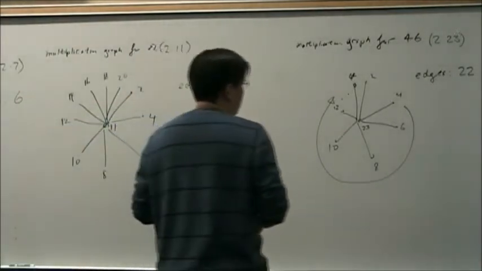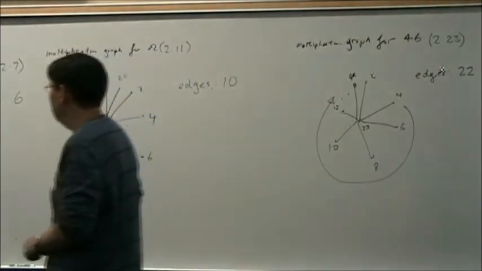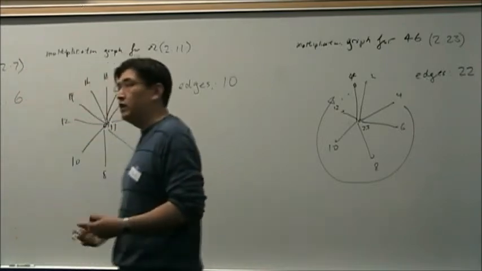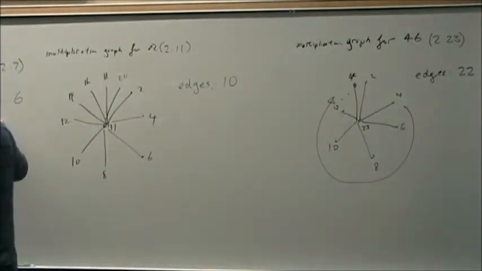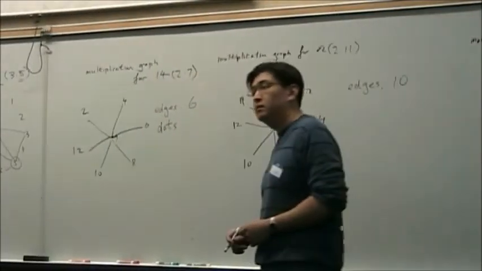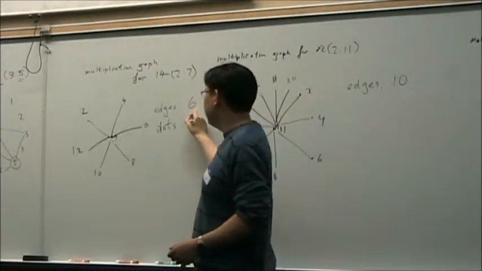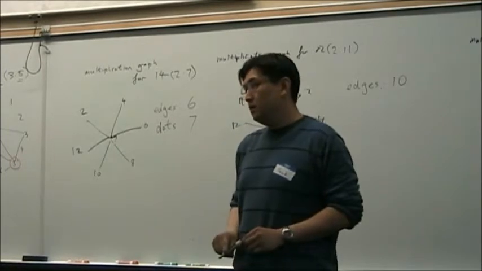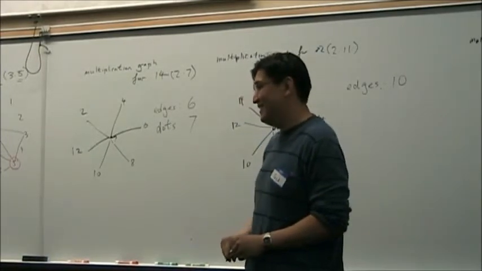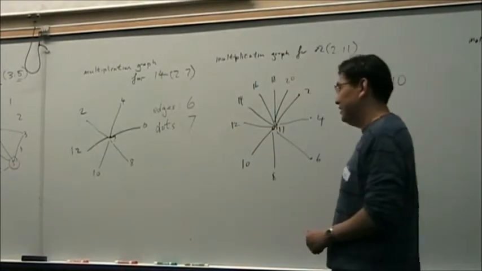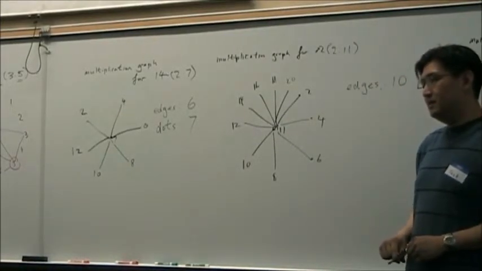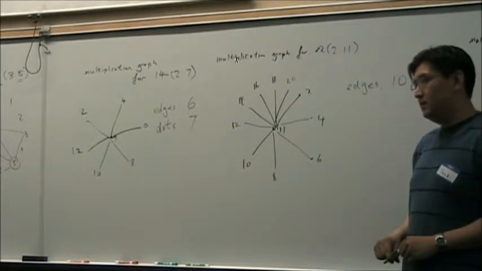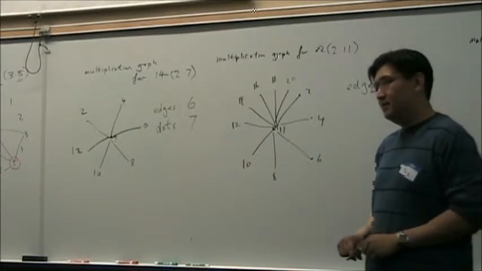So in my original case, while we're doing this, why don't we also look at the number of nodes, or number of dots? How many dots do we expect here? 7. Why do we expect 7? Because you have to add 1 to edges. If you were to exclude the middle dot, then each edge would have only 1 dot, and then you have to add back in the middle dot.